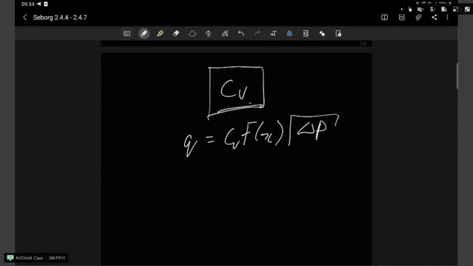You are talking about specific heat in that case, one considered at constant pressure, the other at constant volume. The CV we are talking about is the relationship between the resistance of some piece of equipment, whether it be a valve, orifice plate, elbow, or T, and that constant value relates the resistance to the flow.